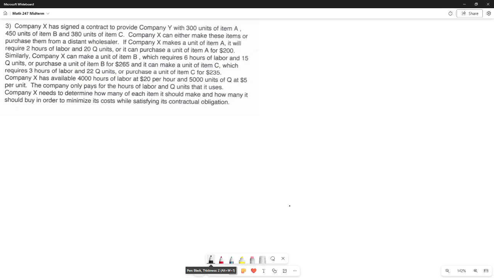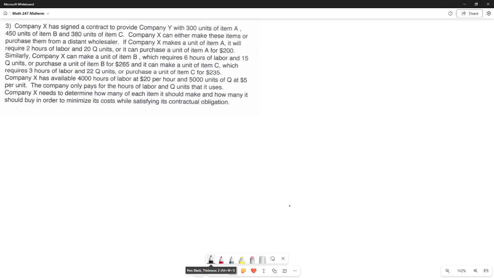Similarly, company X can make a unit of item B, which requires 6 hours of labor and 15 Q units, or purchase it from a wholesaler for $265. And it can make a unit of item C, which requires 3 hours of labor and 22 Q units, or purchase a unit of item C for $235.